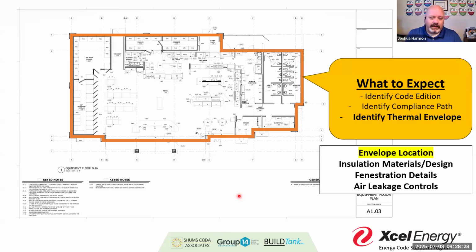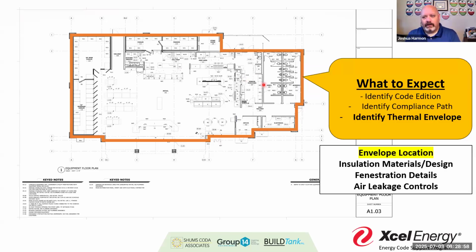We've all probably seen, again, fire rated assembly lines as we look through buildings, especially commercial buildings. And so that's again where I'm saying, if you can draw that line with a fire rated assembly, add me another sheet or put it onto one of these other sheets, that same line or same concept of line, but showing the thermal envelope, because that's going to be important to understand where it is so we're evaluating the right assemblies.